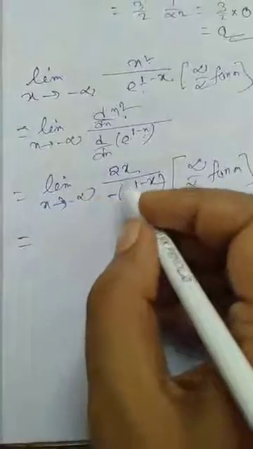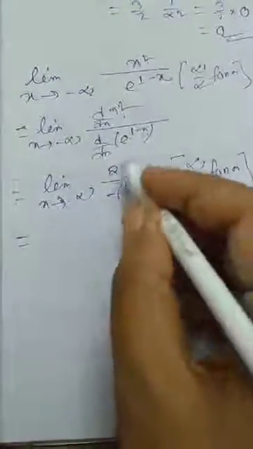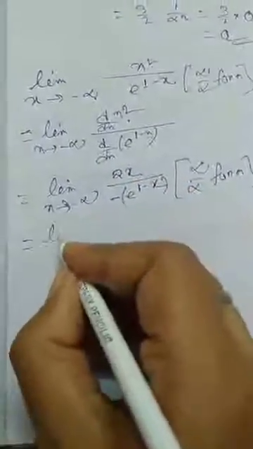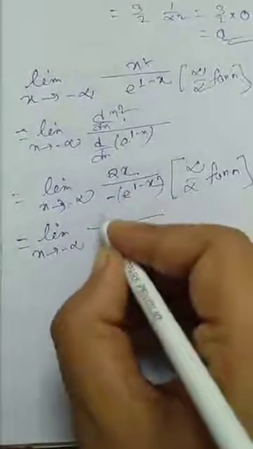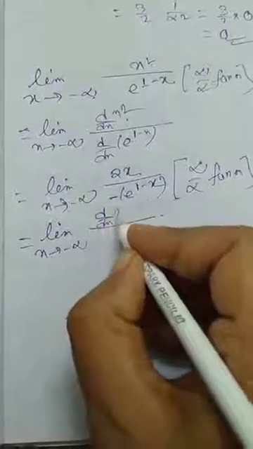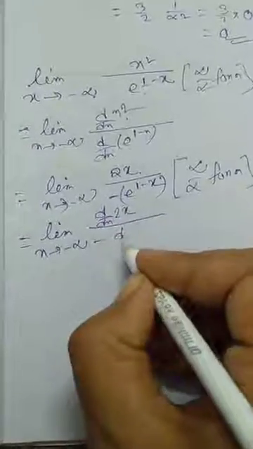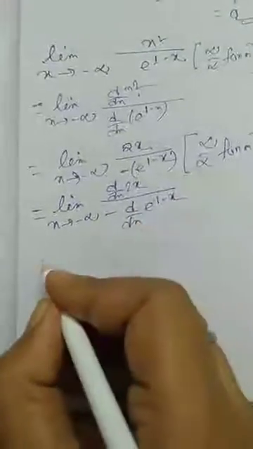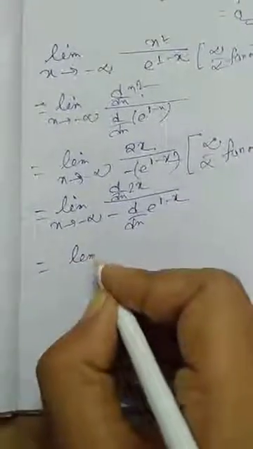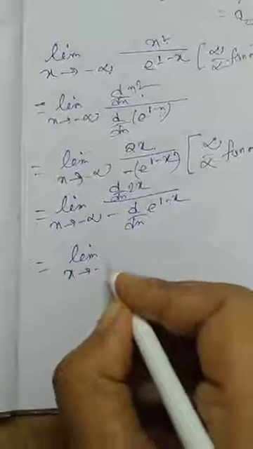Now we take the derivative of this function. So this is equal to limit x tends to minus infinity derivative of 2x by minus derivative of e to the power 1 minus x.